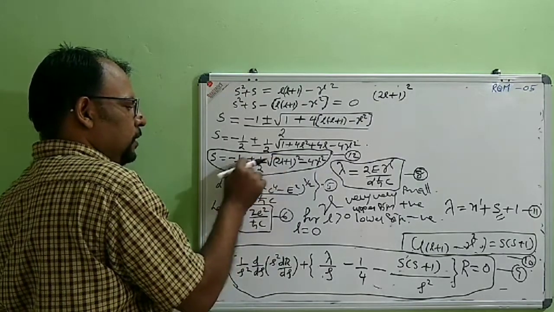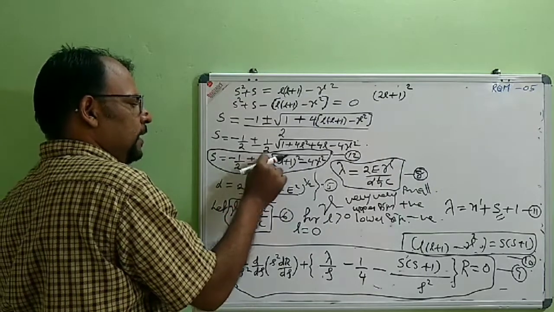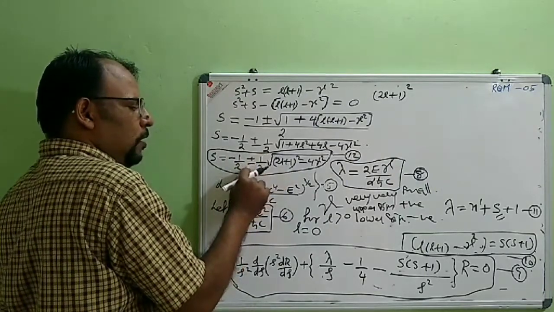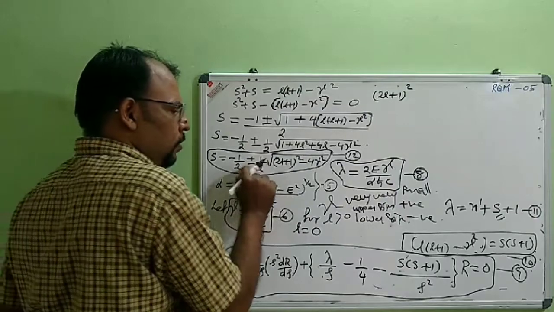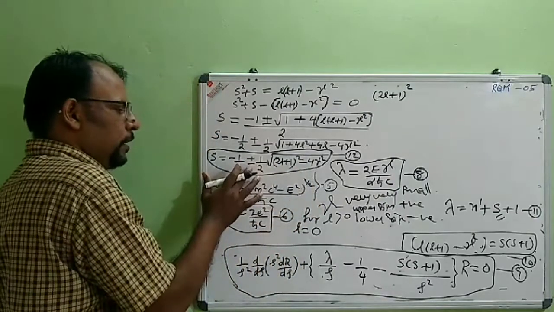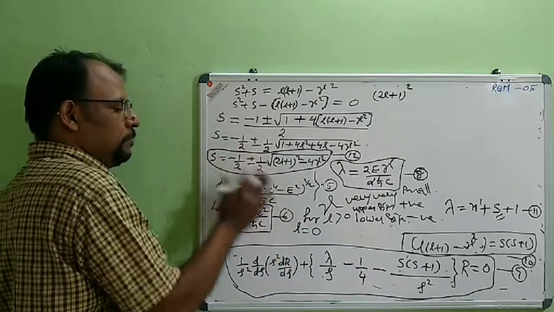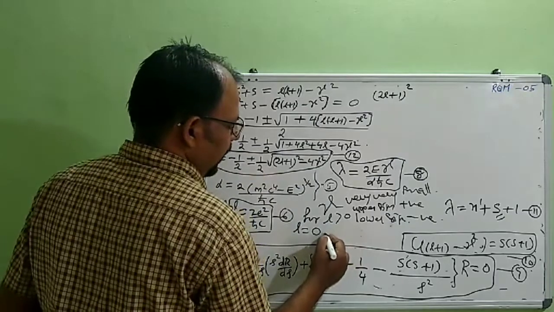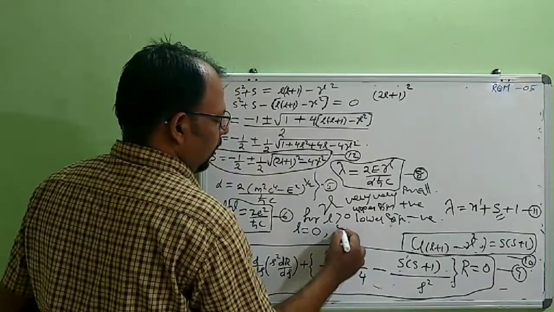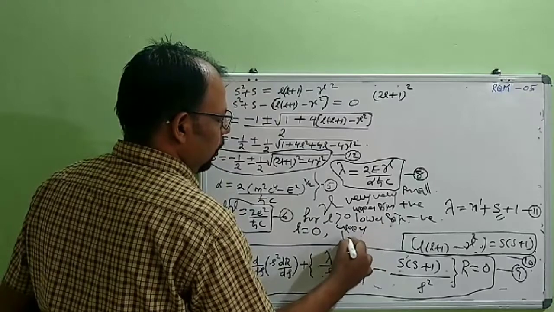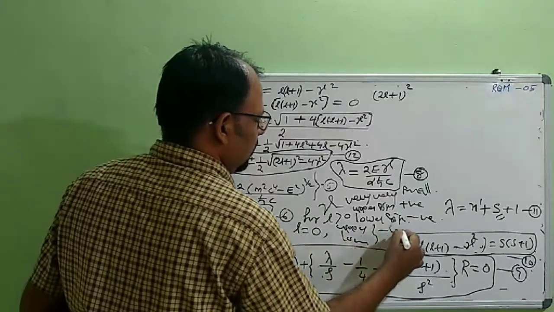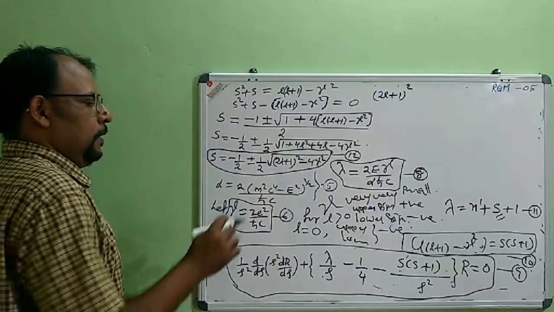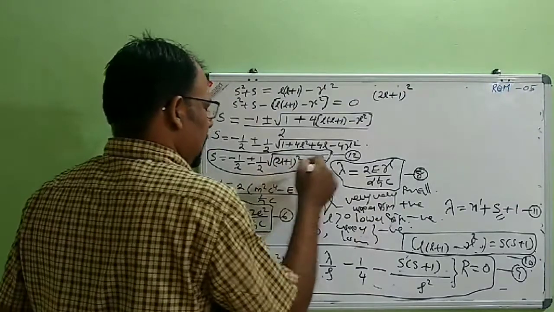That means the upper sign represents a negative quantity. The lower sign always gives a negative quantity. So both the terms will be negative. If L equal to 0, both the upper sign and lower sign represent a negative quantity.